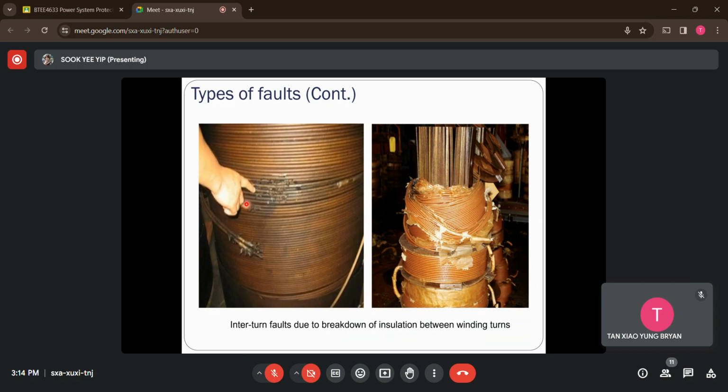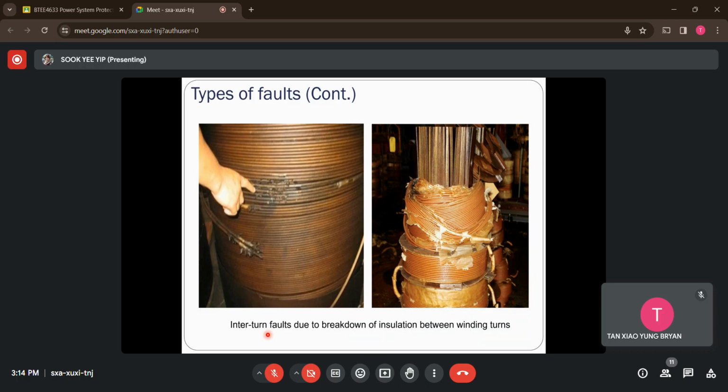As you can see, pointed by this operator, these parts of the winding have been shorted with each other due to damage to the insulation. Okay, and the one at the right-hand side, we have a much more serious case, whereby you can tell the area of the winding that is shorted is much bigger. So these are samples of the intermittent fault.